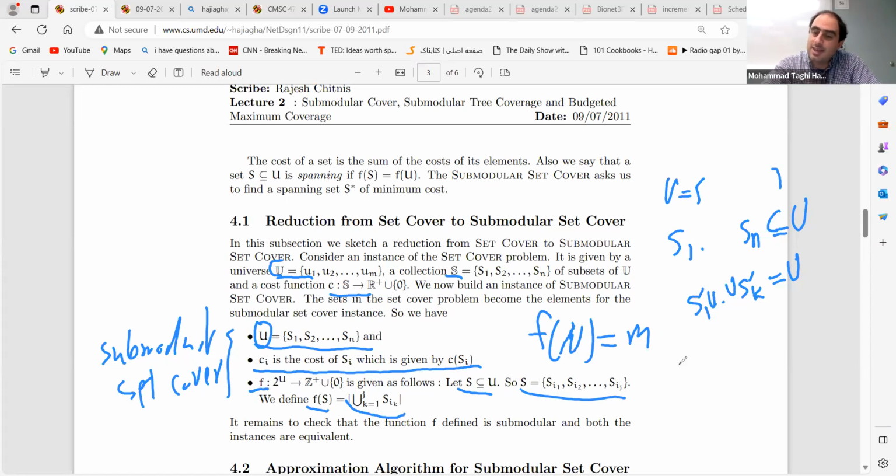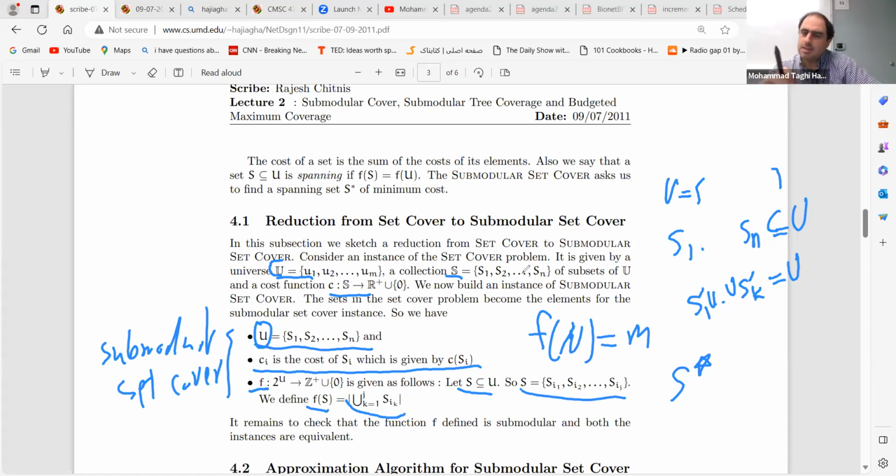We want to find an S star, which is a subset of U, indeed a set of subsets in the set cover problem, such that f of S star, the size of the union of all the elements, is equal to f of U. It means it's equal to M. Essentially, here we want to find a set cover. So this submodular set cover is actually a generalization of set cover.